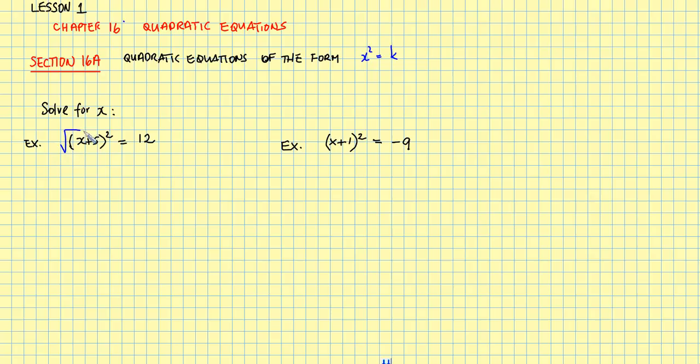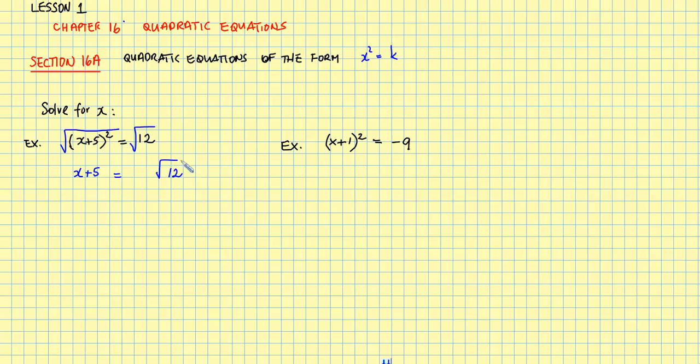Therefore, I'm going to square root the left-hand side, and what I do to one side of the equation, I must do to the other in order to maintain the balance of the equation. So I'll take the square root of the other side, so that I'm left with x plus 5 is equal to the root of 12.